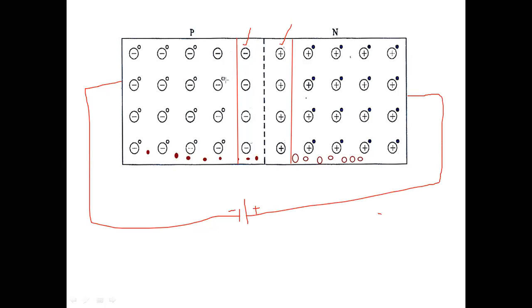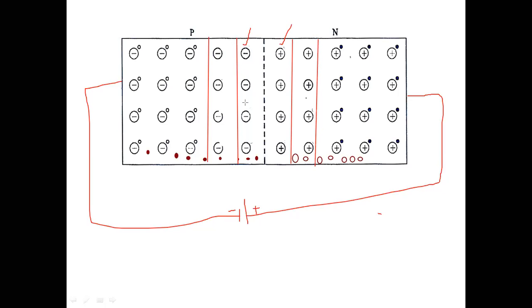Because the holes are coming out. At the junction, in reverse bias, the depletion region width is increasing a lot. This capacitance offered by the diode in reverse bias is called depletion capacitance, or transition capacitance, or space charge capacitance.